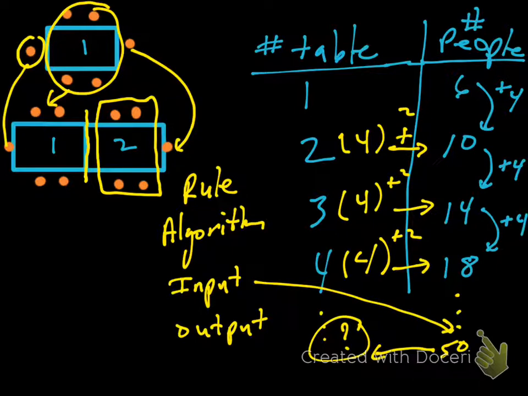That gives us 18, so we're seeing this pattern. And where does this 4 come from? Well, if you think about it, here is where we're getting that from, because we're constantly adding 4s. How many of those?